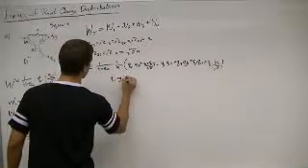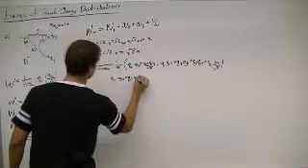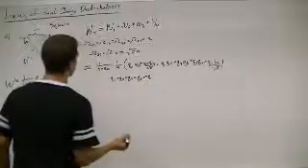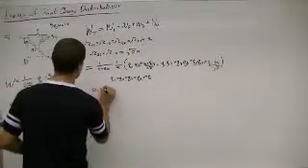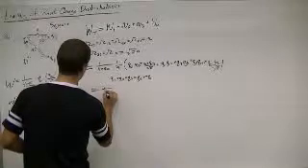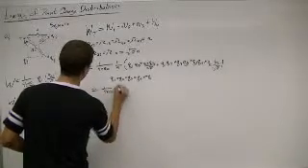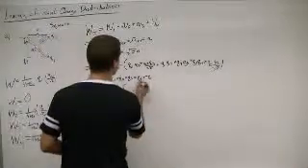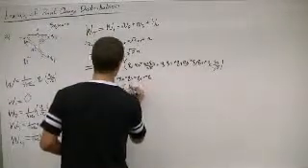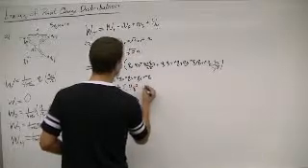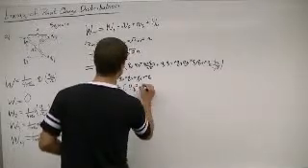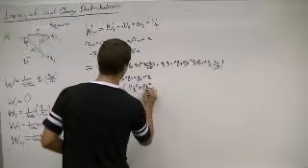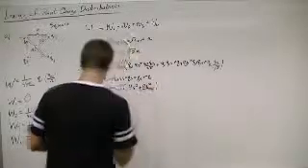And since Q1 equals Q2 equals Q3 equals Q4, and they all just equal positive q, this simplifies even more to 1 over 4 pi epsilon naught times 1 over a times 4q squared plus 2q squared over root 2.